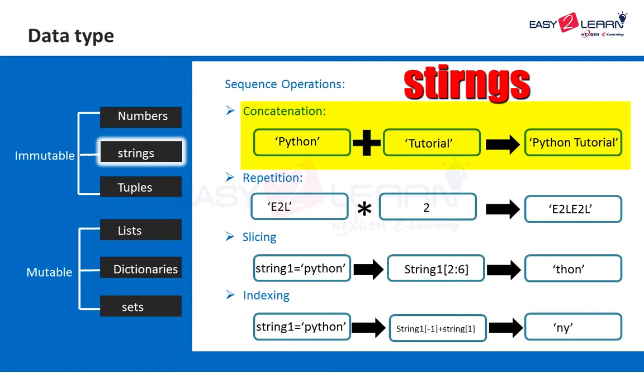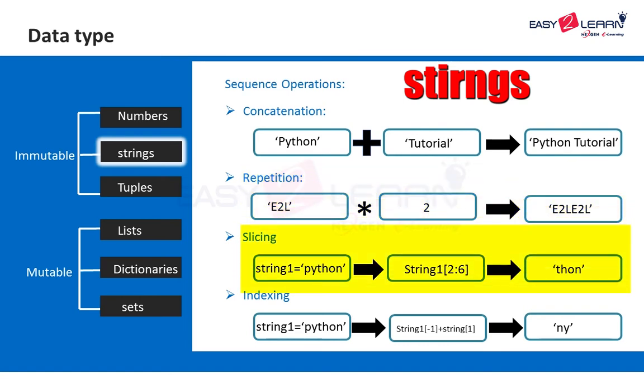So you have string 1, that is Python, string 2 is tutorial, and it gets combined to give Python tutorial. Similarly, if you wish to repeat the same string, all you need to do is use the star operator, followed by the number of times you wish to repeat it, so that it gets repeated the number of times that you have specified.